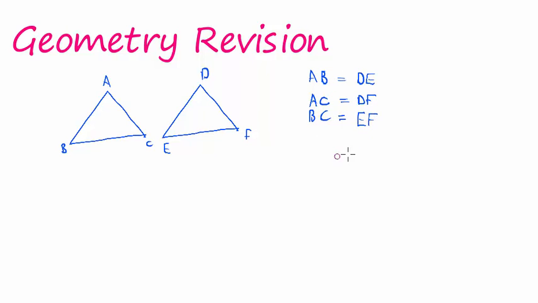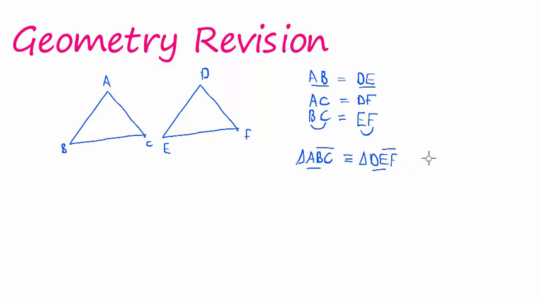Now, if these 3 things are true, then we say triangle ABC is congruent to triangle DEF. And you have to keep the order, so that if it's AB here, and AB is the first 2 letters, then the first 2 letters must be DE. If I have BC and EF, BC is the last 2 letters, so the last 2 letters here must be equal. Do you understand? So that is important when you write that down.